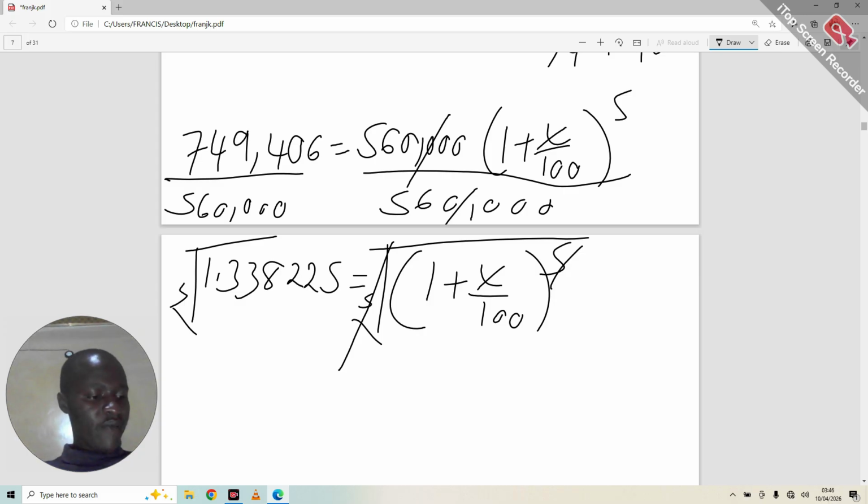Then get the fifth root of 1.338225. We've done that a lot.